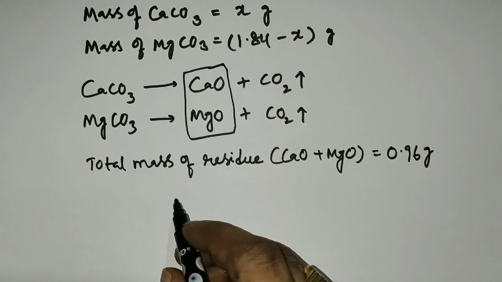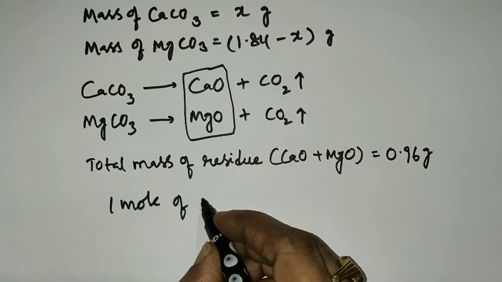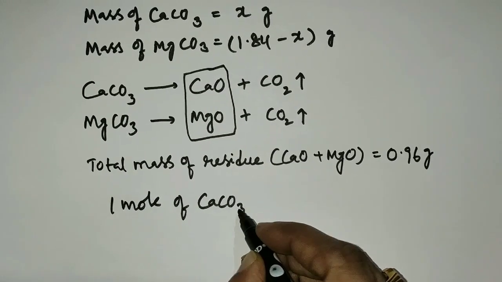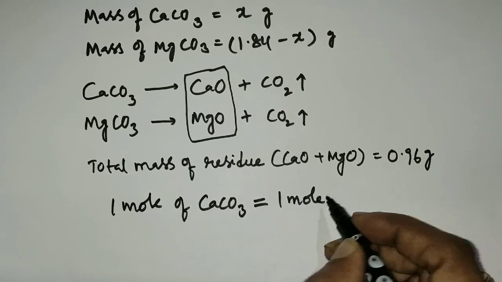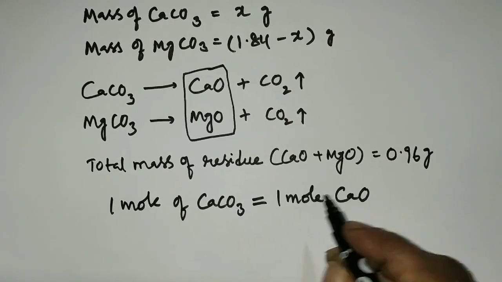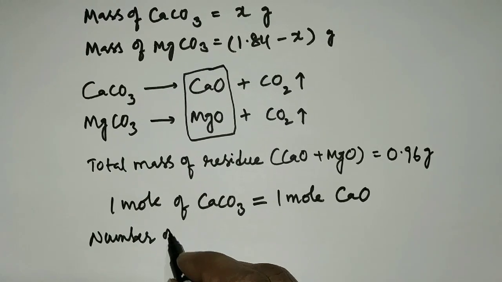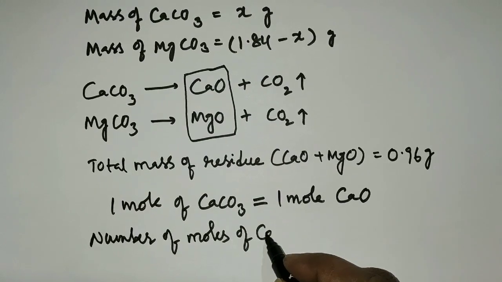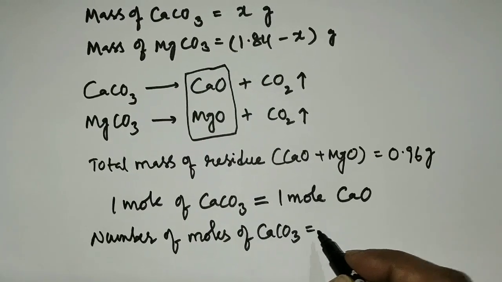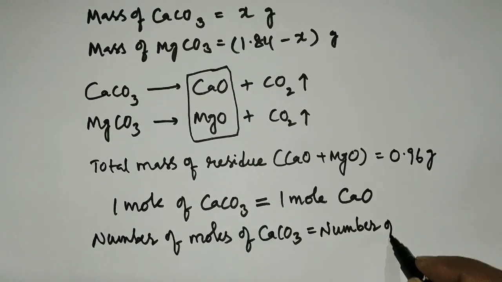As per the balanced equation, 1 mole of CaCO3 is giving 1 mole of CaO. It means number of moles of CaCO3 is equal to number of moles of CaO.